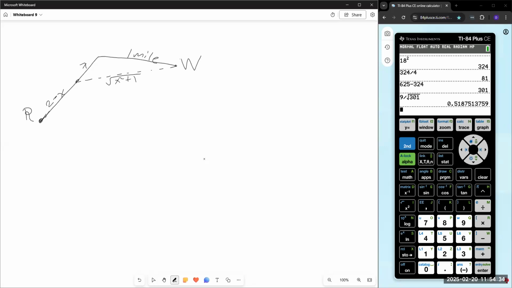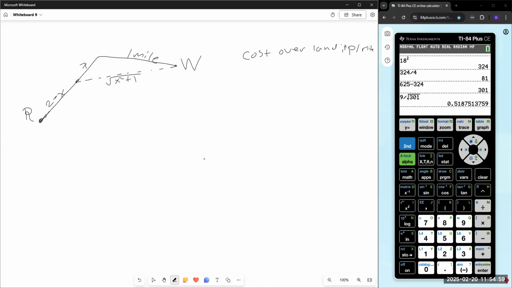So I'll just say cost over land, we're going to call P dollars per mile, because we can pick our unit here. So P dollars per mile.